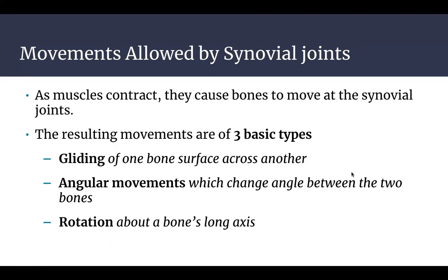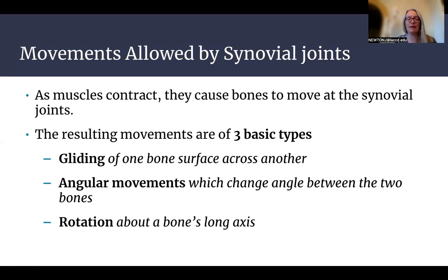Okay, so now we've looked at the structure of synovial joints. Now we're going to consider the movements allowed by synovial joints. As muscles contract, they cause bones to move at the synovial joints. The resulting movements are of three basic types. One movement is a gliding movement, where one bone surface moves across another.